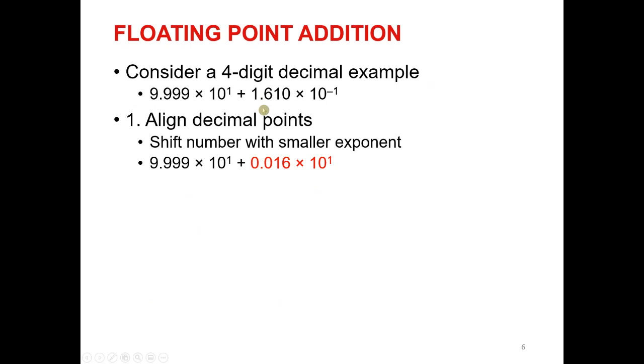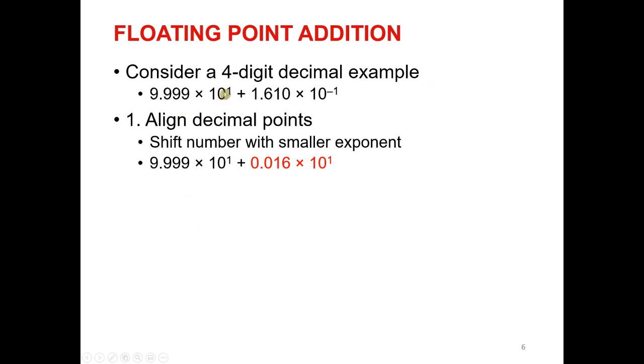So we are going to use the following method, and I'm using this method because it will be the method that we will afterwards implement in hardware. First of all, this method says that we need to align the decimal points. What does that mean?